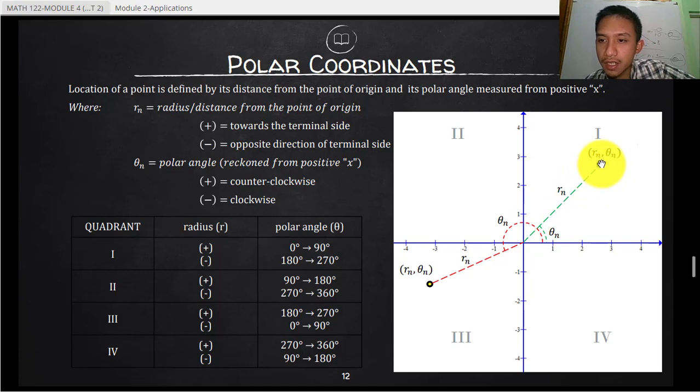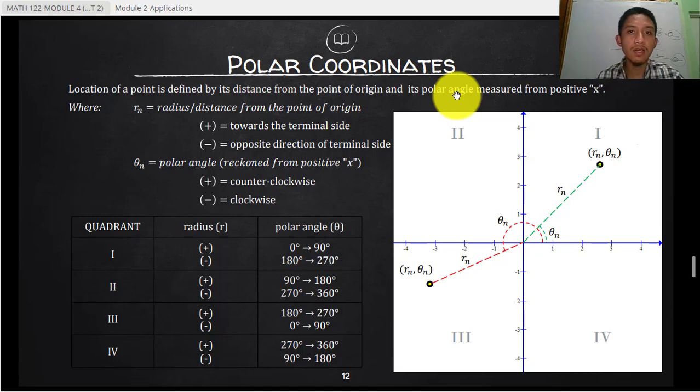So let's say I will consider here this point here on top. This distance that we are referring to is this broken line, the green broken line here. So that is your distance, and actually we call that one the radius, and its polar angle measured from positive x. So now you will define by a distance from the origin and an angle.